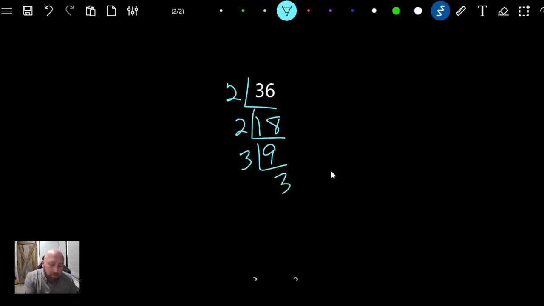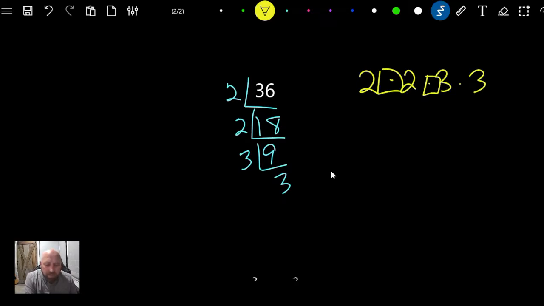And then it goes 3 times. And look, we're at another prime number, so we're done. As soon as you get to a prime number right here, you're done. So now, what's the answer to this? Well, in last lesson, we would have written 2 times 2 times 3 times 3. And I'm writing these little dots here. If you don't know what those are, they're multiplication signs, but I think you already know that. That's the way you wrote it last lesson.